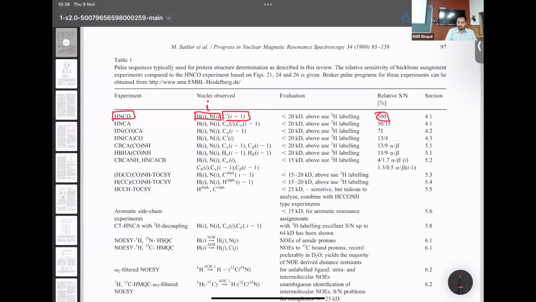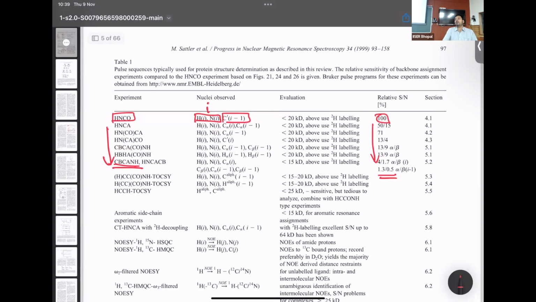If you set the sensitivity of that experiment to 100, you will see that as you go further in other 3D experiments, the sensitivity drops significantly, especially an experiment like CBCA CONH or CBCA NH, at 1/100th of the sensitivity of the HNCO. So generally, if you take about 10 minutes to get the 2-dimensional HSQC for a protein which is fully labeled, you would probably take 30 minutes for the HNCO. Probably you will take 12 to 24 hours for the CBCA NH experiment. We'll see what that experiment is if we have time.